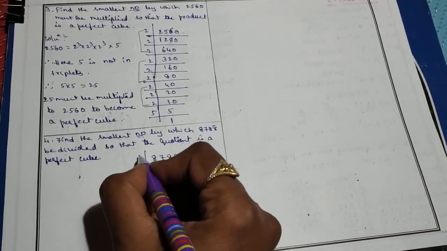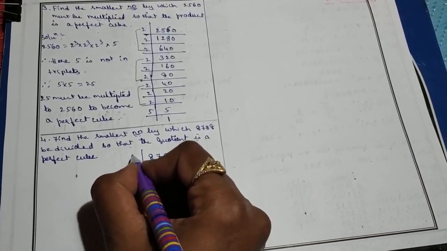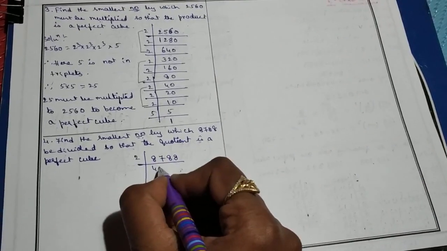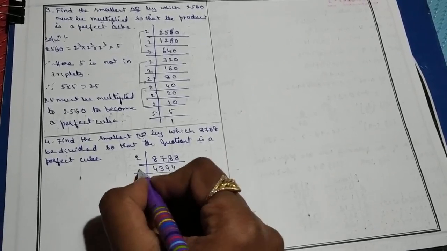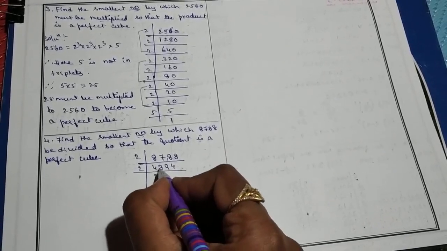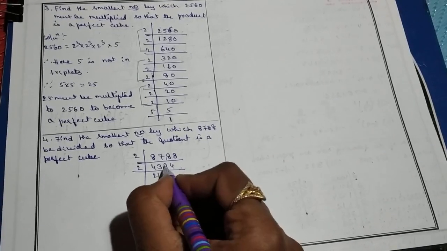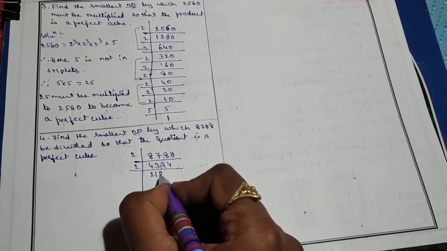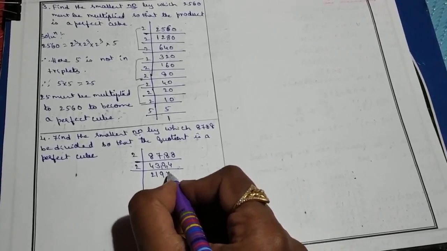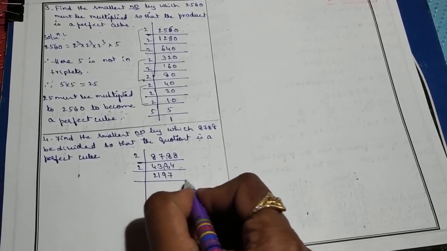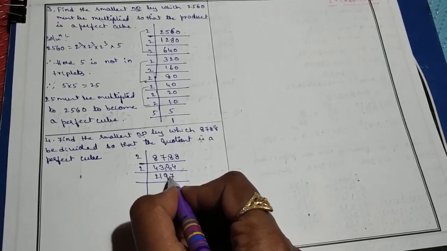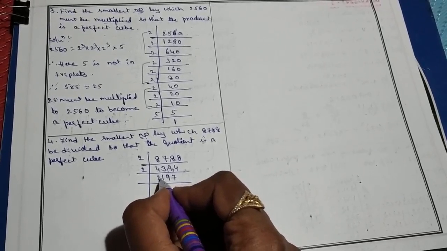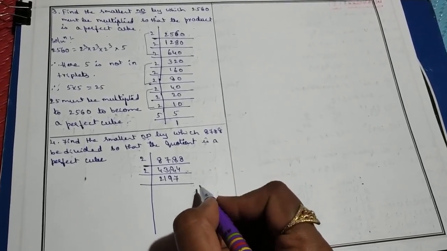So since it is an even number, I will go with the 2 table only, children. 2 4s are 8, 2 3s are 6, 2 9s are 18, 2 4s are 8, 2 2s are 4, 2 1s are 2, 1 remains, 2 9s are 18, 1 remains, 2 7s are 14. Then check with 3. 9 plus 7, 16, 17, 18, 19 doesn't come in the 3 table, children.